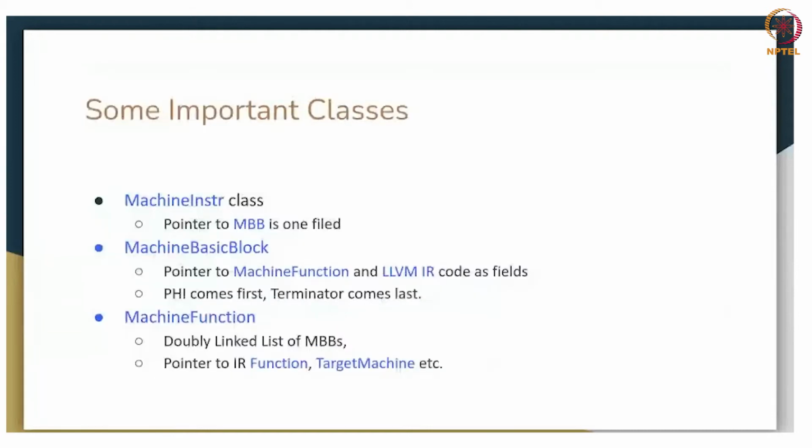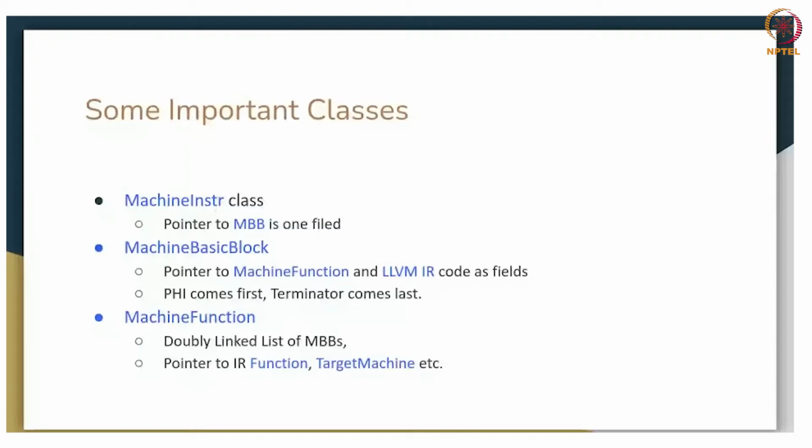So some important classes I will just briefly brush through, like the MachineInstr class. A pointer to the MBB, the machine basic block, is one field. There are many fields available in the machine instruction class. You can look at the LLVM docs later in detail to find the important fields and functions.